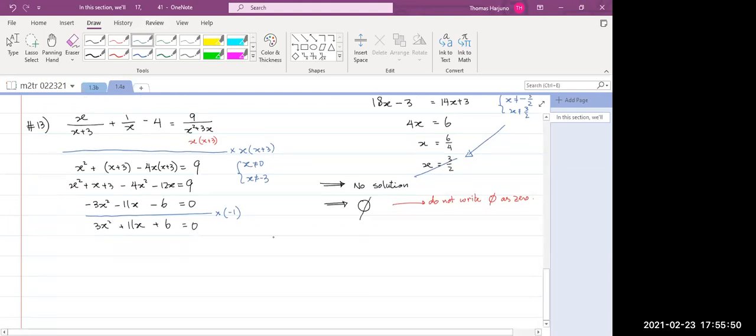All quadratic equation, note, write it big enough. All quadratic equation that is solvable by factoring should be solved by factoring.